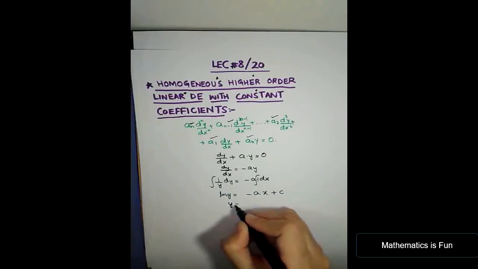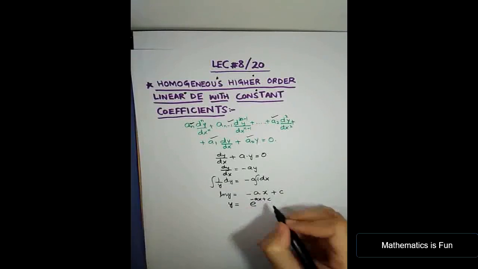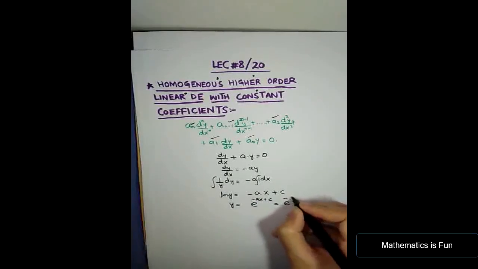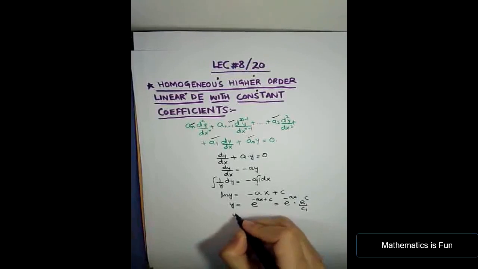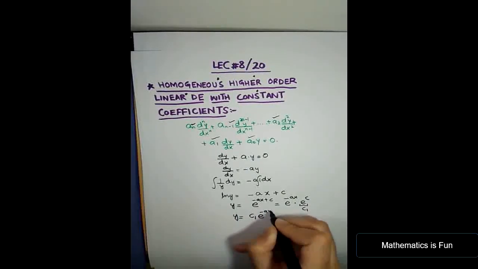So y equals e to the power minus ax plus c, which splits into e to the power minus ax times e to the power c. I call that c1. So the solution is y equals c1 e to the power minus ax.